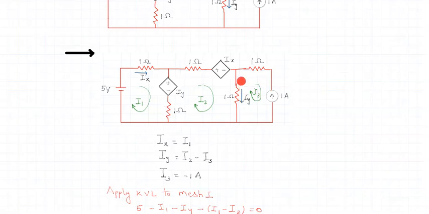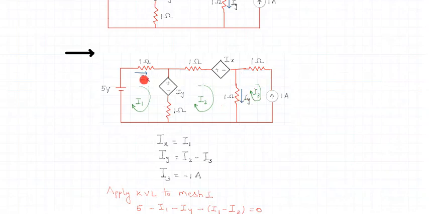In this particular branch, the two currents flowing are I2 and I3. So using I2 and I3, we can get the equation for Iy. With the direction mentioned, the equation of Iy comes out to be I2 minus I3, because I2 is in the direction of Iy.